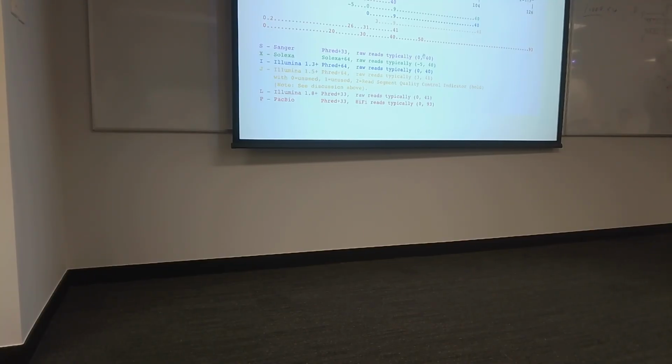This is why you need to understand it, because some software have default settings. When you are checking the parameters of your software, sometimes they assume you are using Illumina. Therefore, they are checking this kind of matching. However, sometimes you didn't use Illumina, you use Sanger, right?